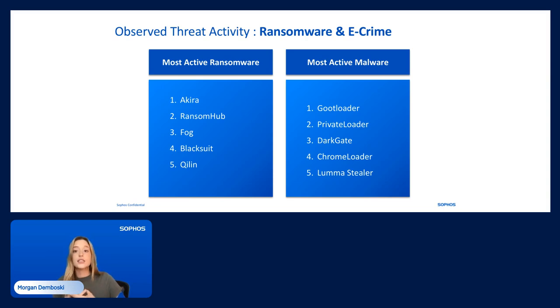The second is Private Loader, which, similar to Bootloader, is often spread via SEO poisoning and functions to deploy a range of other stealers and loaders. The third is Darkgate, which beyond just having loader capabilities is also a fully featured remote access Trojan, and it is often seen making use of legitimate AutoIT files and typically runs multiple AutoIT scripts.